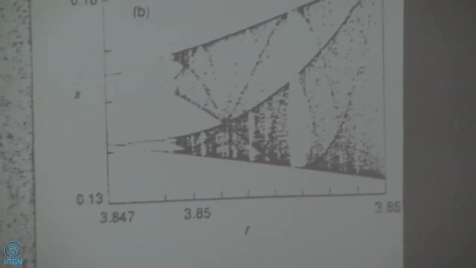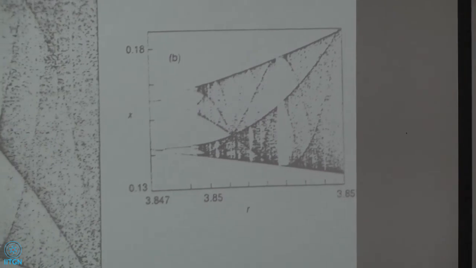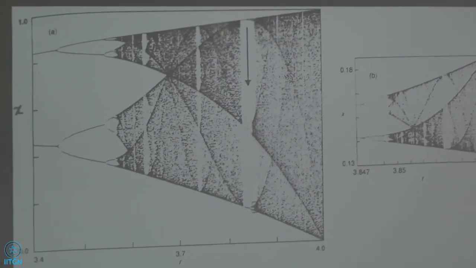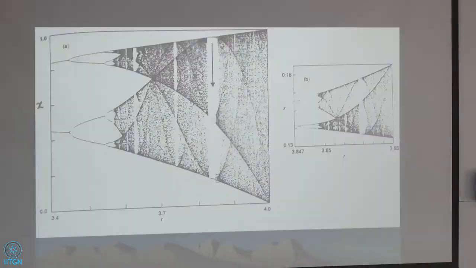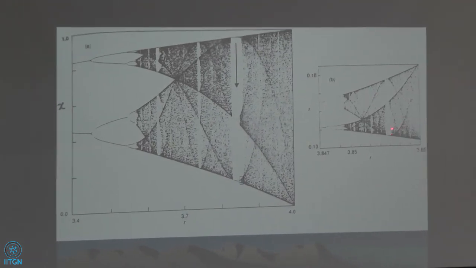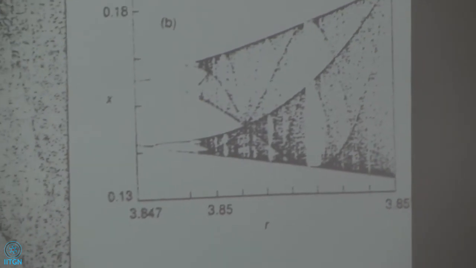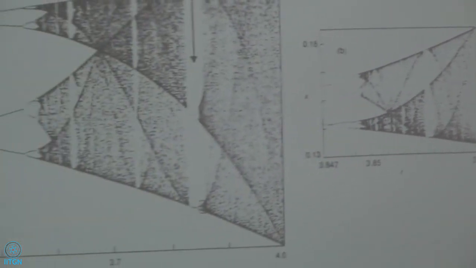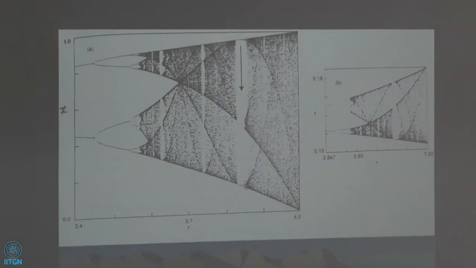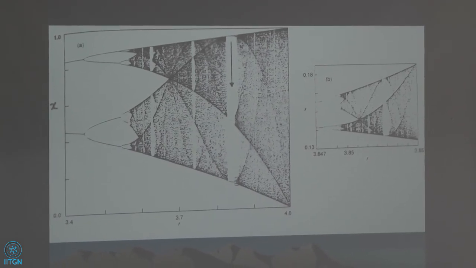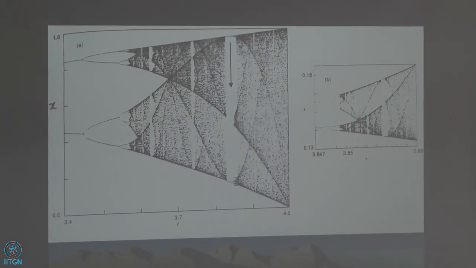And there is a little similarity between this picture and that picture, as if it has been inverted. And if you take a little zone here and then again zoom, you will see this picture. That means this is such a set of points where there are regions which look the same at every scale, and that is what is now called fractal.